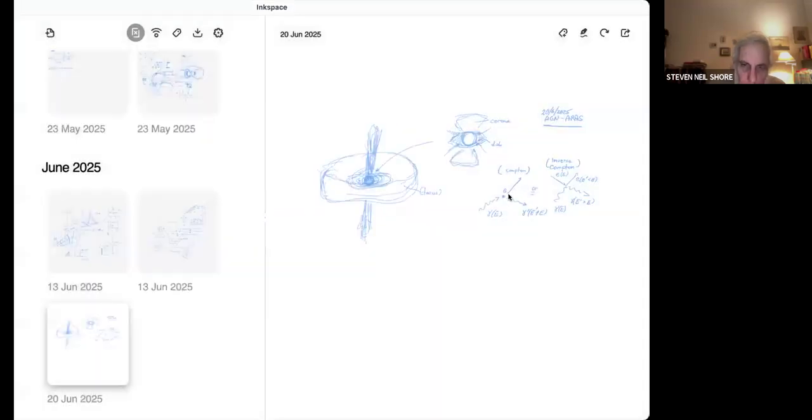So if we go back to the cartoon here, good. If we have in this disk radiation because the central object burps, it hiccups, in other words, you have a pulse. That pulse may be ionizing.